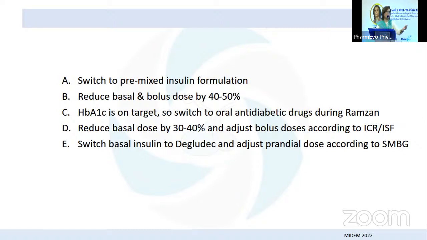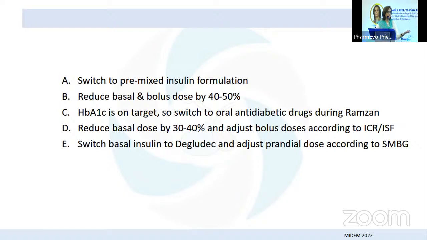Okay, one could be that we're not adjusting the basal dose, and that's the first thing we need to do. Or what is degludec? It's a long-acting basal insulin. For U100 we have evidence. If you look at the profiles of degludec and U300, they are similar.